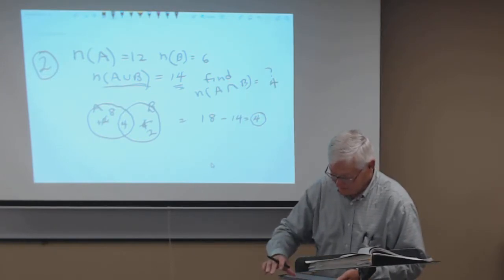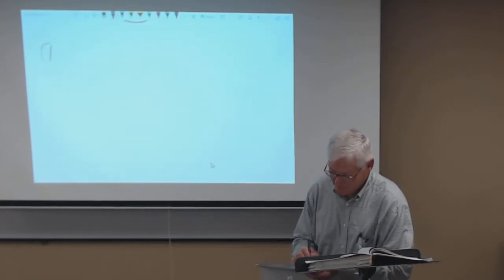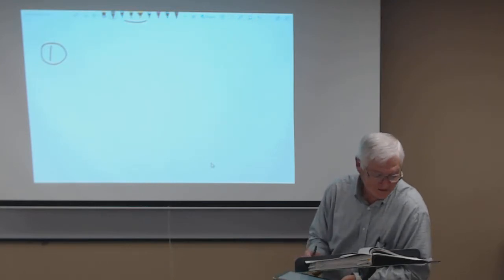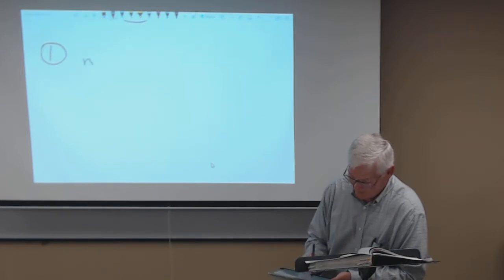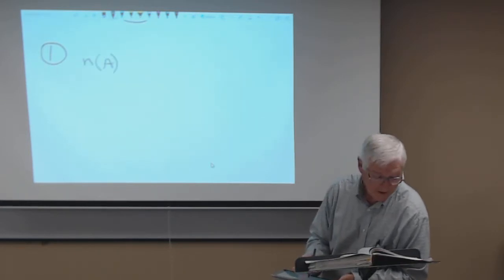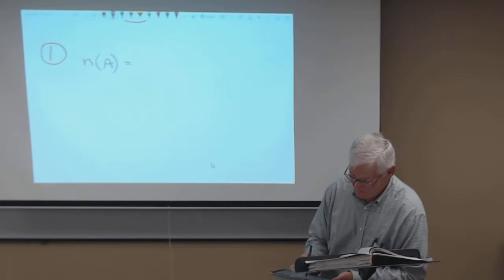Okay, let's scroll this down. Oh, I can't do that. Let's scroll this up and let's do one of yours. It's just from the looks on your faces, it'd be nice if I helped you today. The number of elements in A, what does yours say? Is 15.